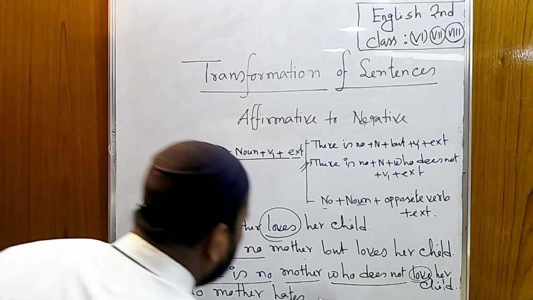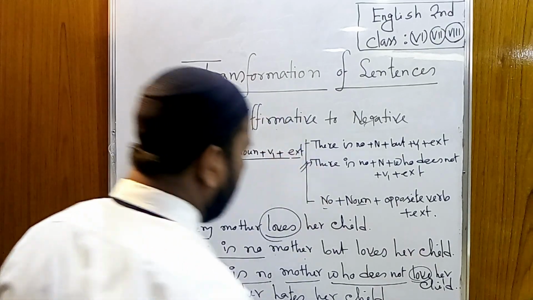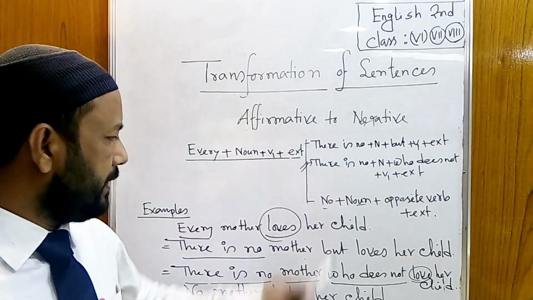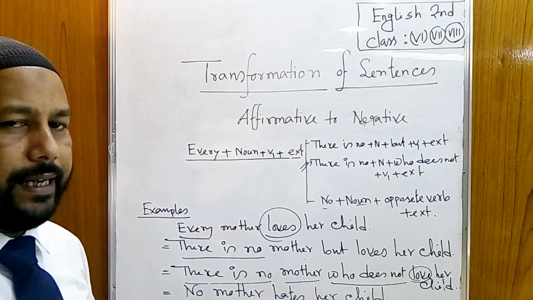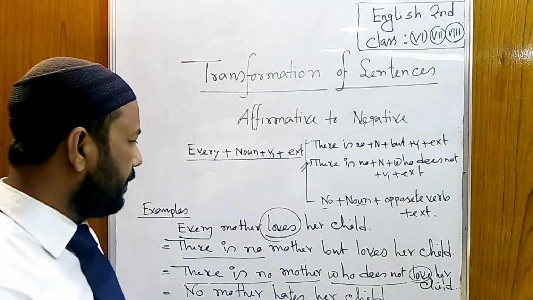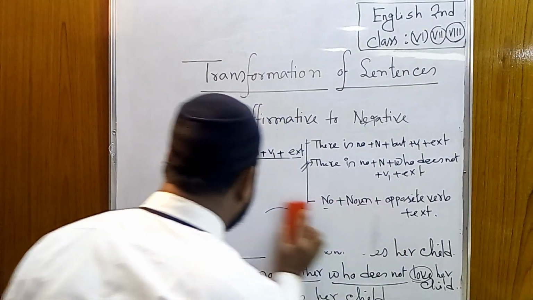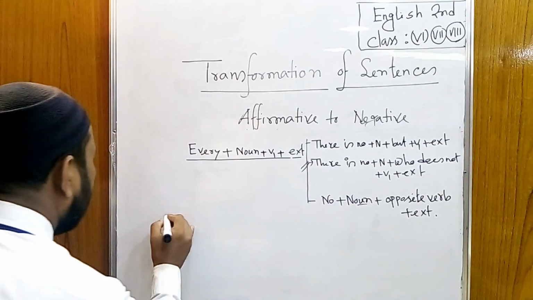No mother hates her child. I hope you understand the rules, then examples. These examples will help you to understand the rules clearly. Now finally I will give you another example.